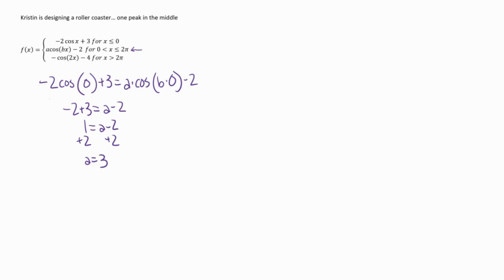Okay, now for our second and third, we're going to make those have the same y coordinates as well. So I already know a is 3, so 3 cosine of b times x, and x in this case is 2 pi, minus 2 is equal to negative cosine of 2 times 2 pi, minus 4.